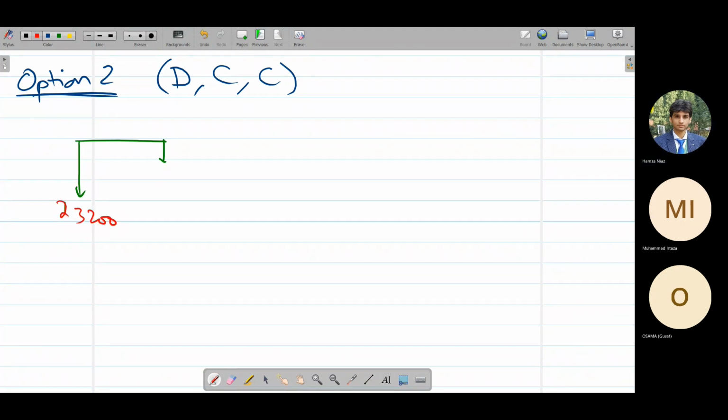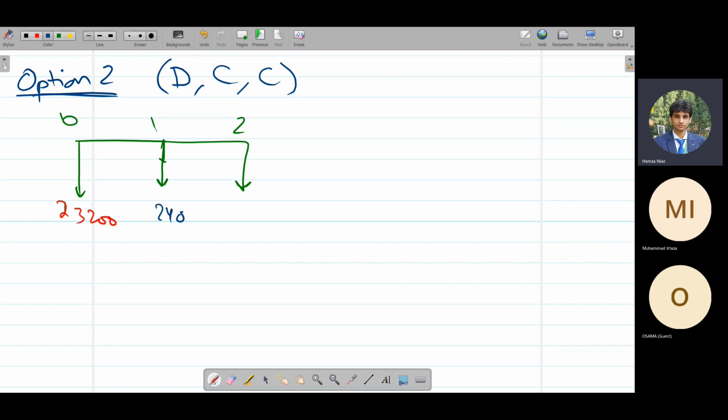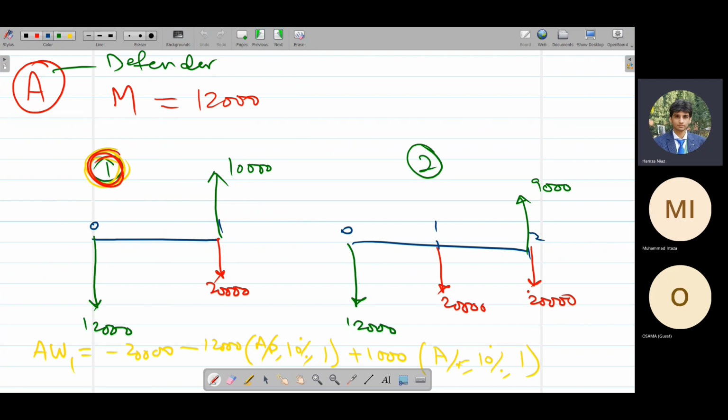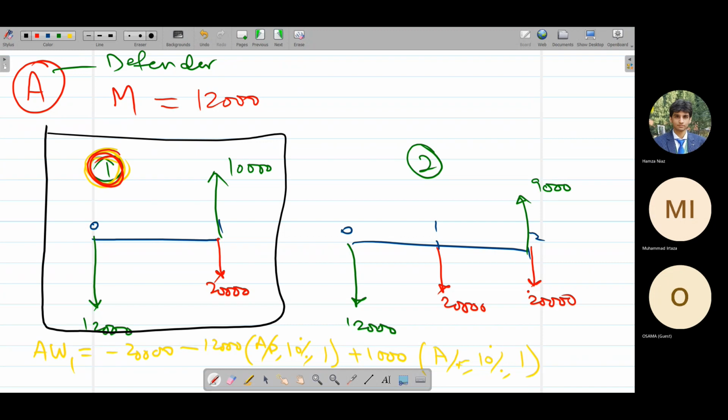And in the second year, 0, 1, 2, we have this challenger. So this is again 24,000 and 24,000. So it is fine that we are replacing it after the first year. So we get this 23,200 value from this diagram. If we solve this diagram that they have provided in the question, 12,000 is the first market value, 20,000 is the operating cost, and 10,000 is the salvage value after 1 year.